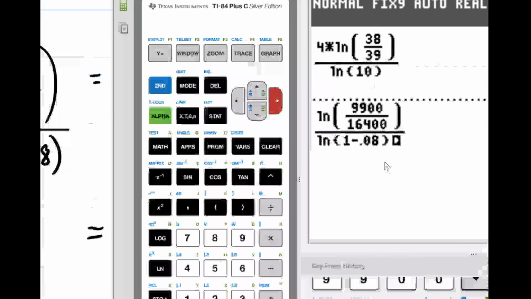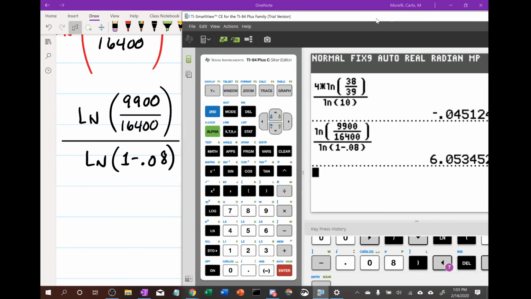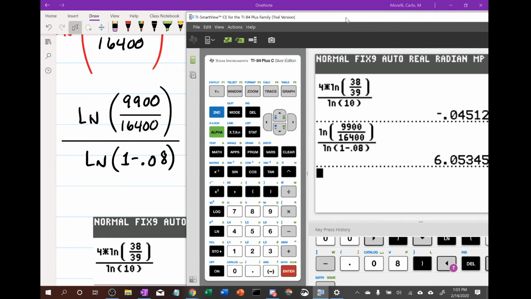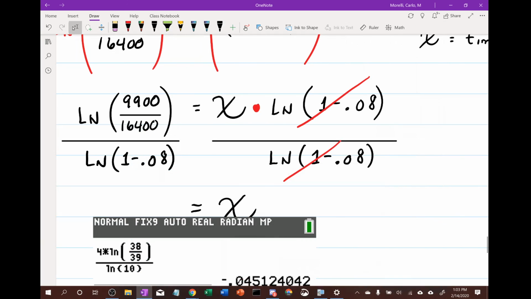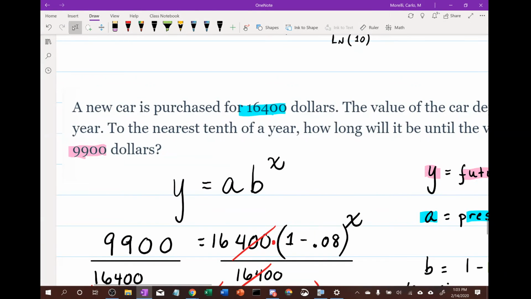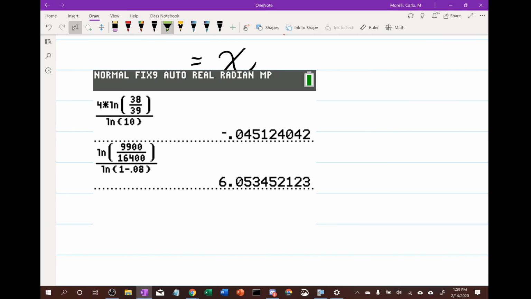You ready? Let's hit enter. Did you get what I got? Now listen. The problem tells us to round to the nearest tenth of a year. Jay said it, but Jay, can you explain why?